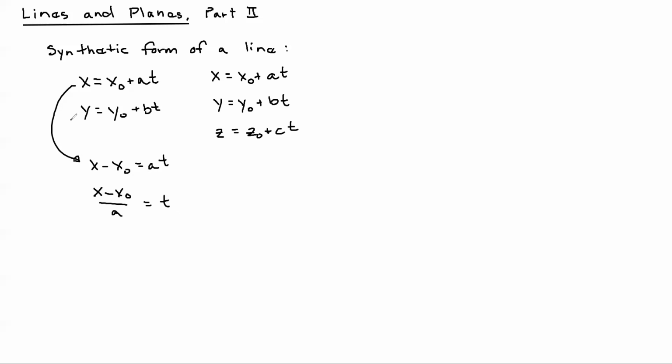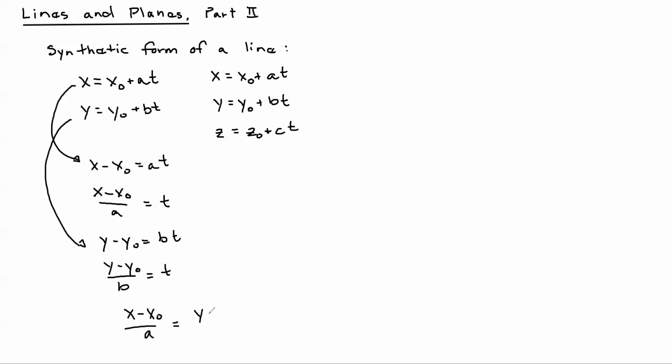If we do the same thing for the second equation, we get y minus y naught equals bt, so y minus y naught over b equals t. Then set the 2 t equations equal, and you generate x minus x naught over a equals y minus y naught over b. And that is the synthetic form of a line.